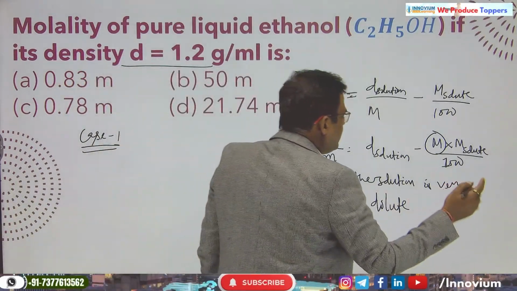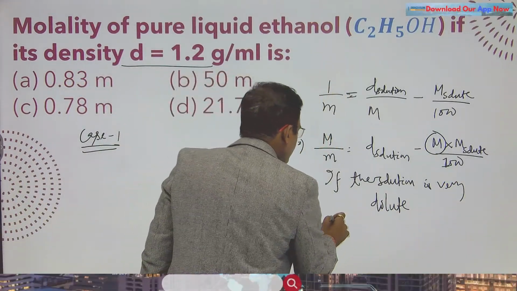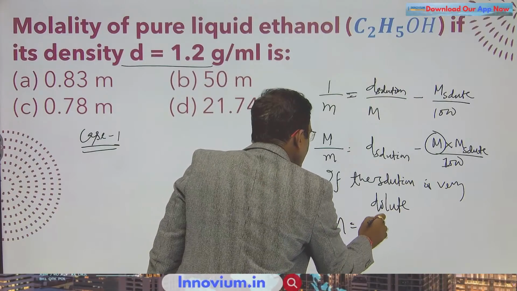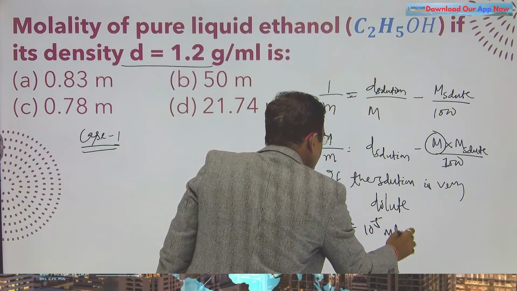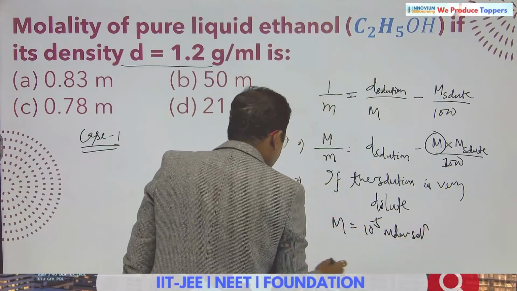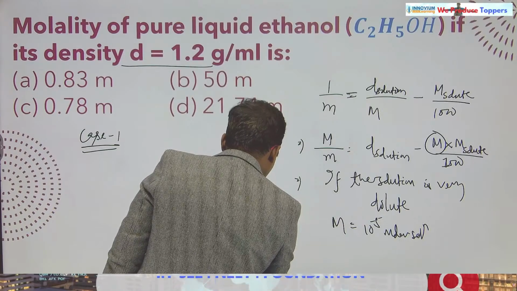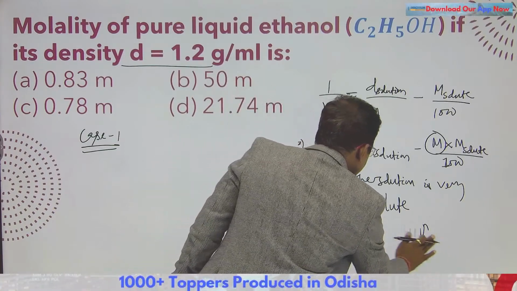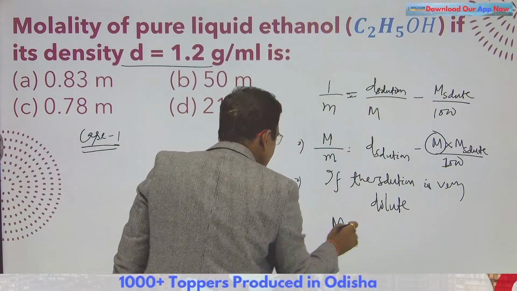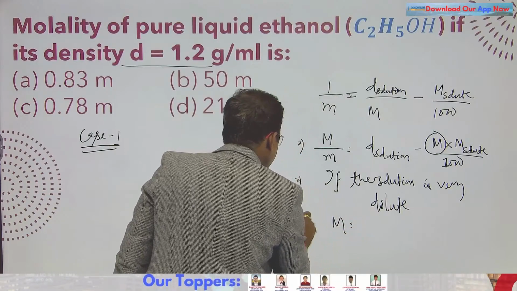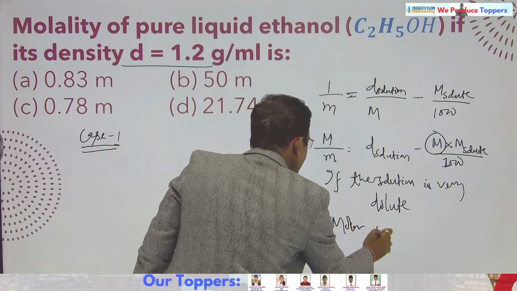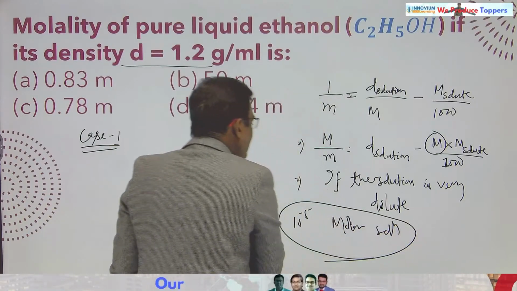All these are very dilute solutions. Suppose you consider molarity is 10 power minus 5 molar. This means the solution is a very dilute solution.